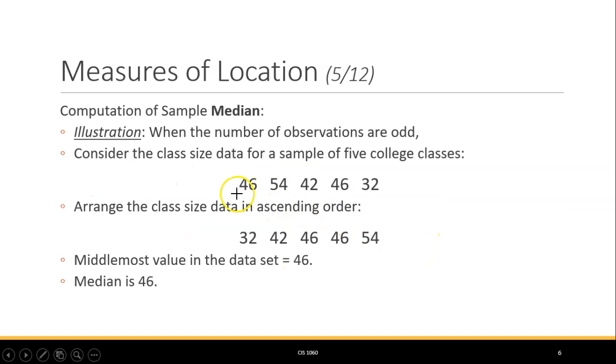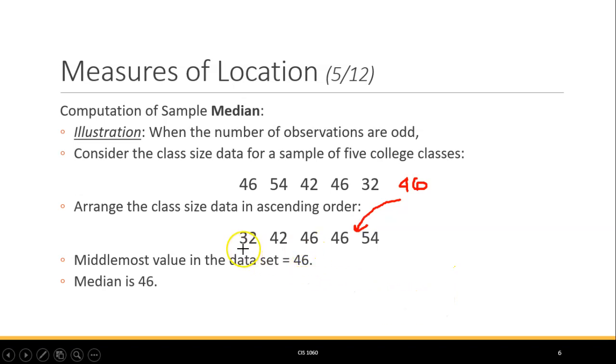Here is an example data set. If we sort it from lowest to greatest, looking at the value in the middle, that is 46. Now, if we were to add another value to this data set, let's say that value is 46. When we resort it, it would end up about right here.